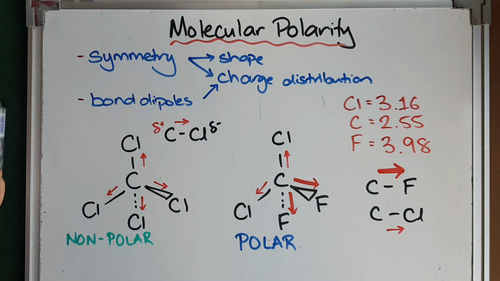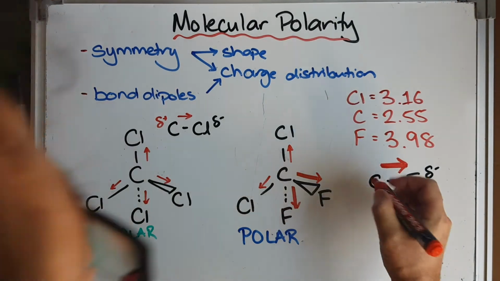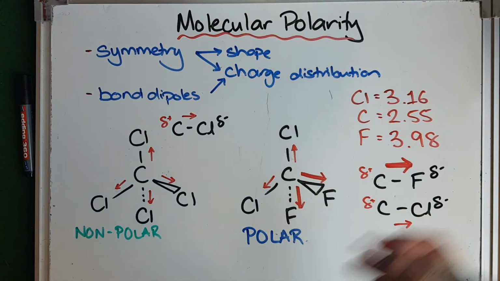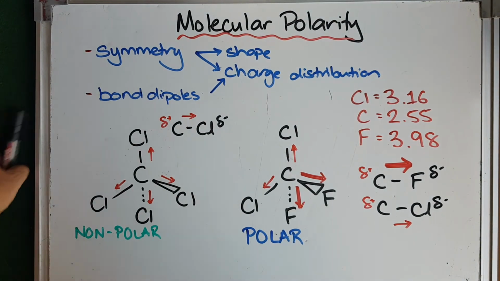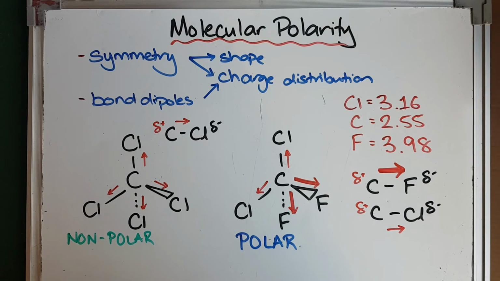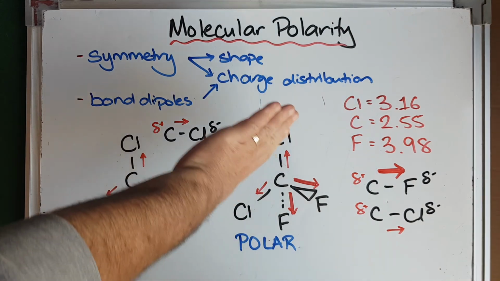So even though they both have dipoles that appear to be the same, the effect of the dipole in the CF bond is greater than the effect of the dipole in the CCl. So what we'd end up with is a much stronger pull on this side of the molecule than on this side.